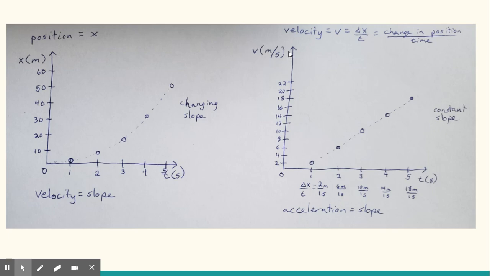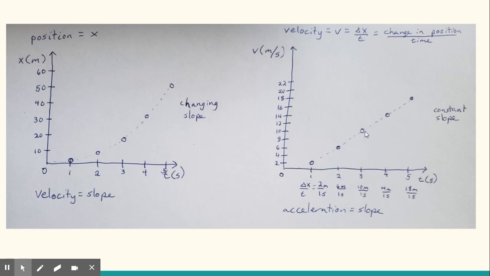And if I graph the velocity, remember the change in position over time is going to be the average velocity. That's fine to graph if we do not have information about the instantaneous velocity. So in the first second, we had a change of 2 meters in 1 second. So that was the velocity. The second, we had a change of 6 meters in 1 second. So that was the velocity.